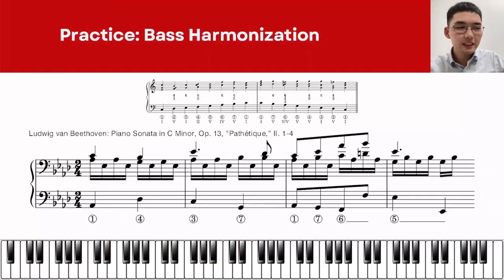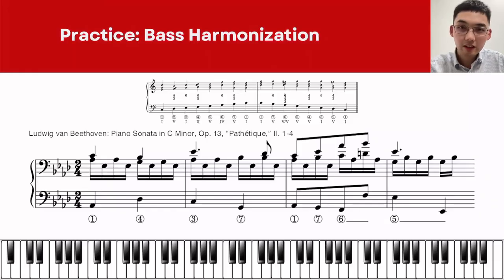So I think it's really fascinating that given just that simple bass line, we're able to infer all of this harmonic richness and really make something interesting out of this passage. So that's one application of the rule of the octave.